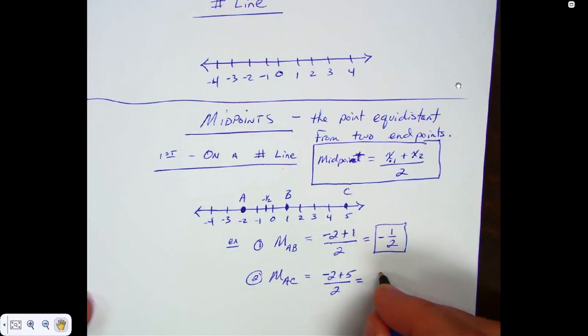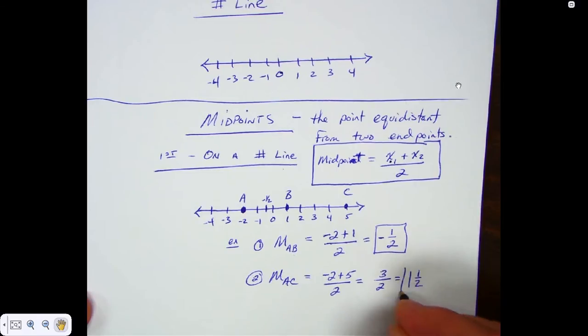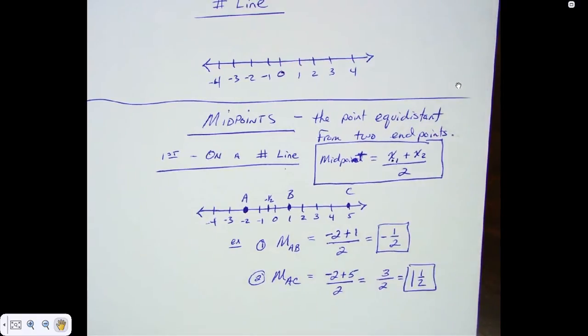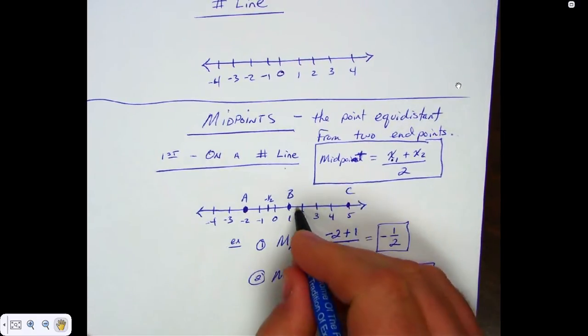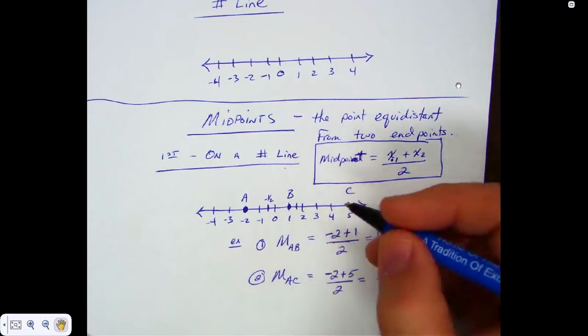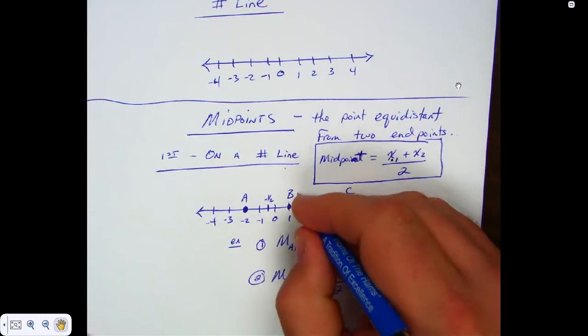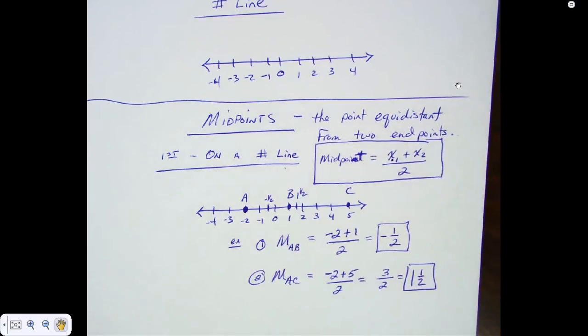What do you get? 3/2, which is 1 1/2. That's the midway point between those two. So it's right there. That looks to be in the middle, doesn't it? So we okay on midpoint? Okay, make sure we get that written down. That's on a number line though.